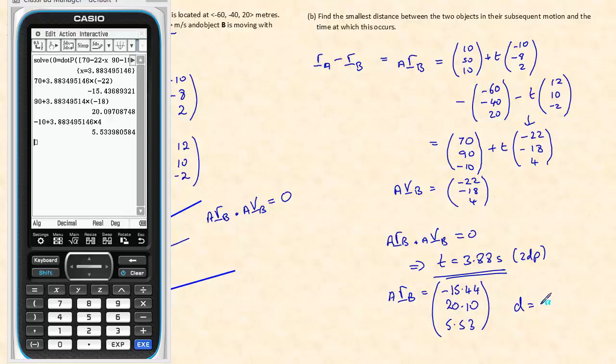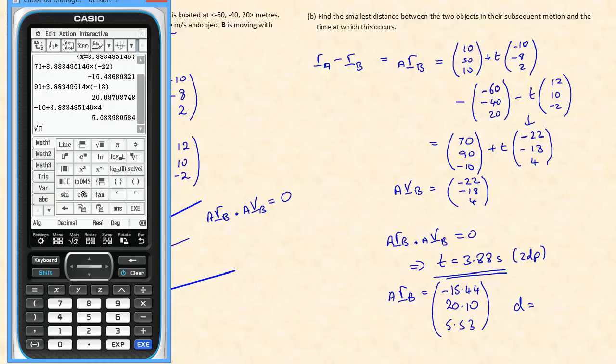And then the distance we want is the magnitude of that vector, so it's going to be the square root of, let's pop some brackets in there, and let's just drag that down to there.